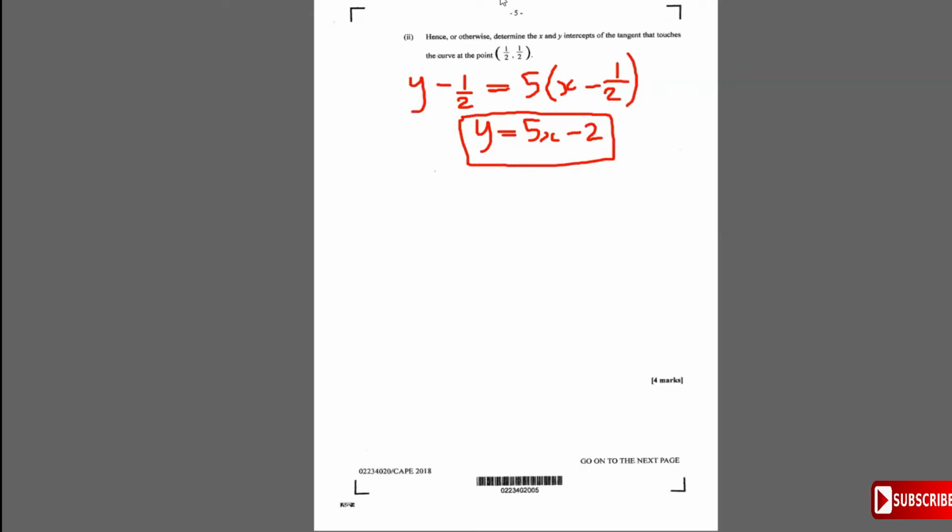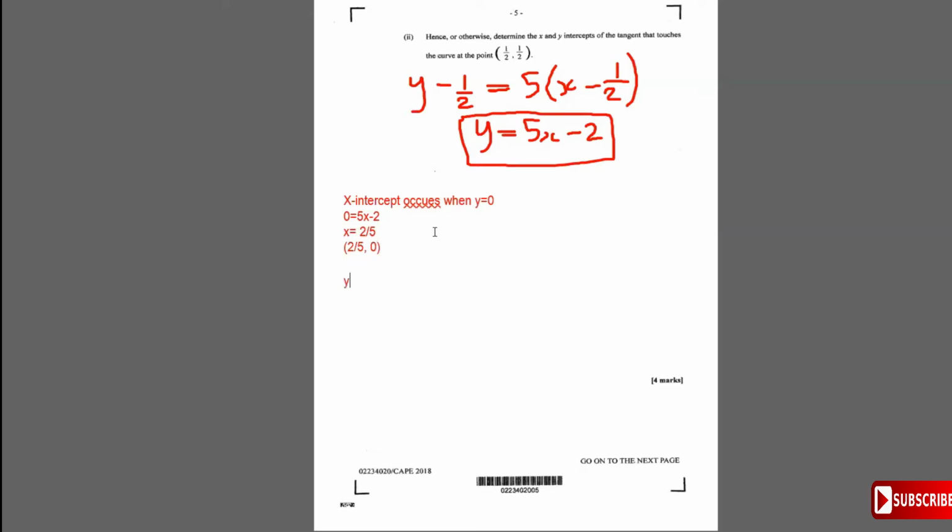So the x-intercept occurs when y equals 0. When y is equal to 0, you get 0 is equal to 5x minus 2, and so x is 2 over 5. So the x-intercept is the point 2 over 5, comma 0.